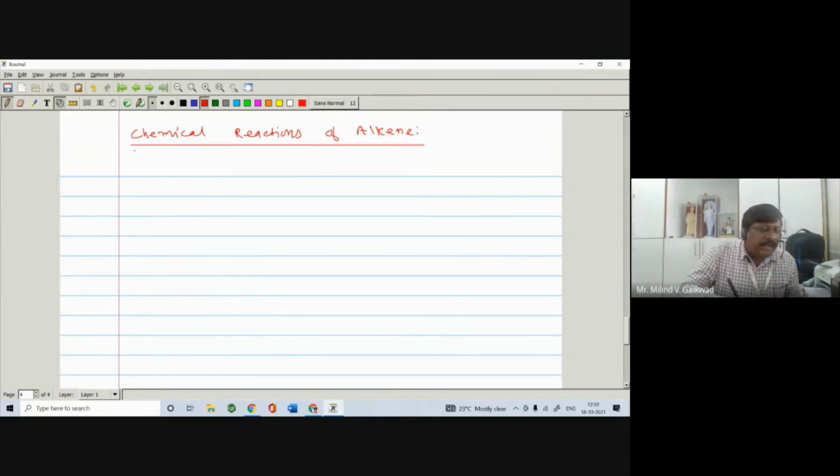You know alkene contains a carbon-carbon double bond. So when it contains a carbon-carbon double bond, then what happens? Either there is an addition of a reagent on this one.